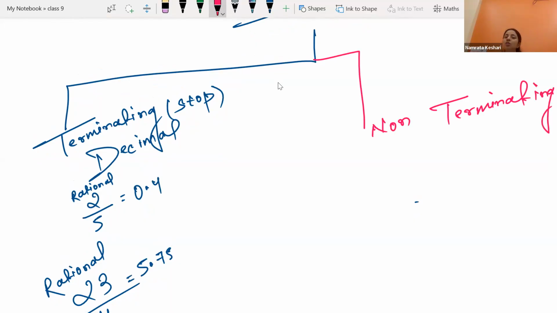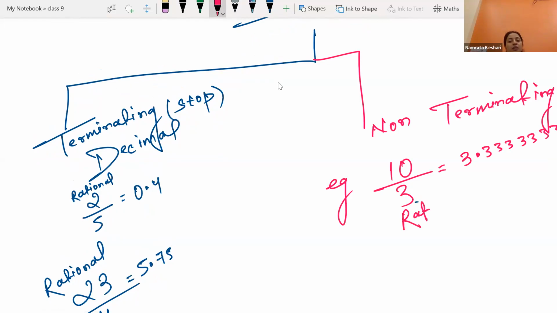For example, we'll be having 10 by 3, and you have just seen it was giving us 3.333333333333. Here also we have taken 10 by 3, a rational number, and we converted it in the form of decimal, and what we got, 3.3 bar also we can write it. Are you getting it? Yes, ma'am. So rational number can be terminating, rational number can be non-terminating.